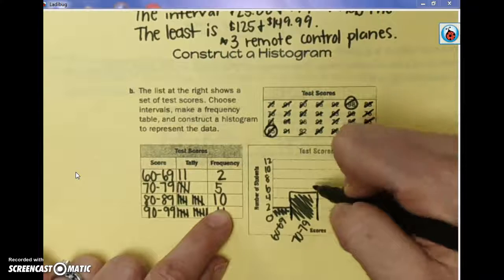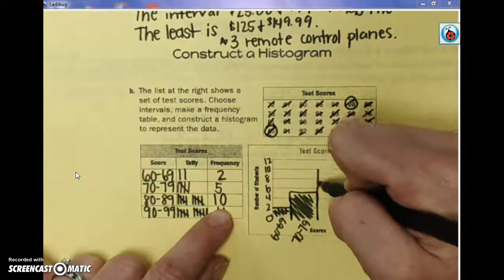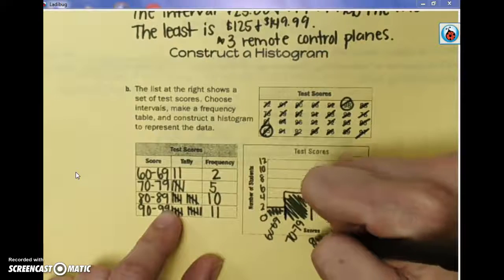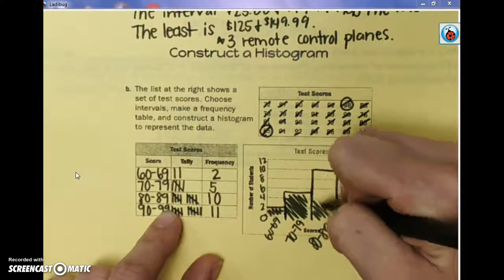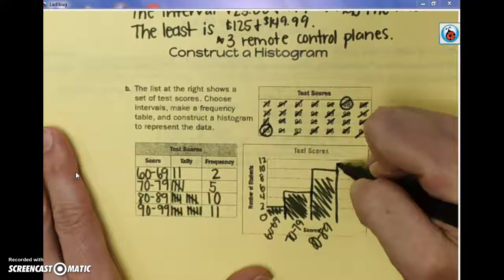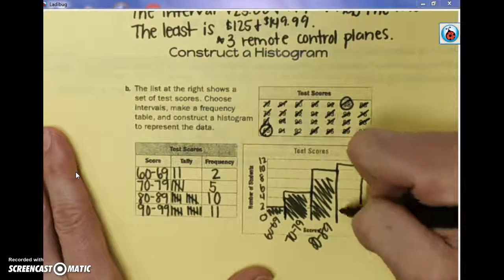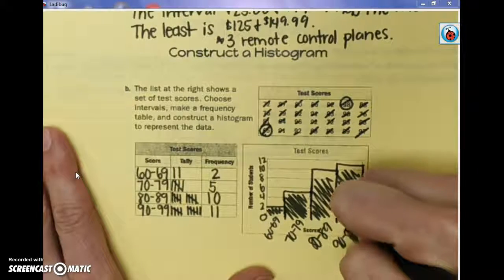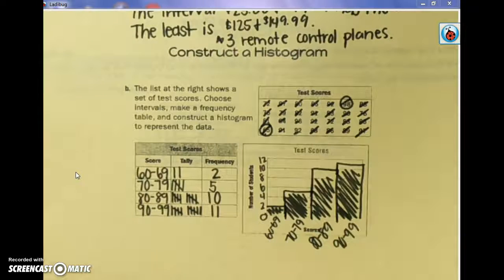Our next one is 10. And then our last one is 11. So we have 90 through 99 is 11. And that's how you construct that.